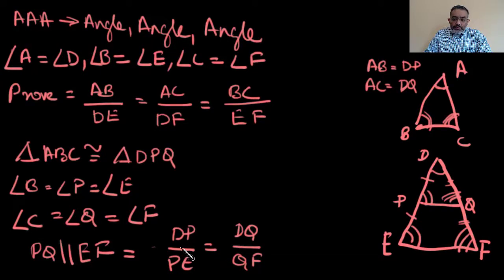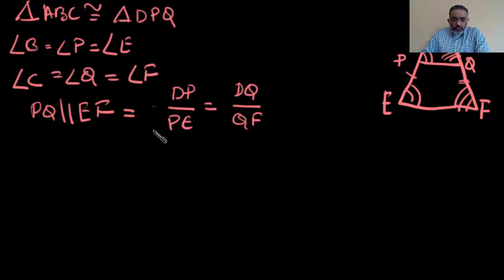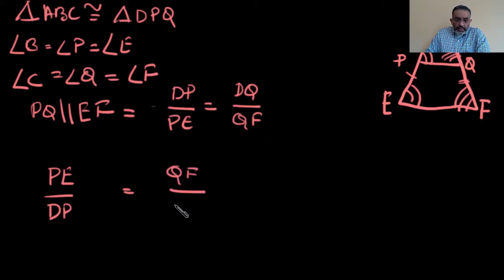We need to do a little bit of arithmetic to both sides of this equation by adjusting it with a 1 value. Let me show you. We are going to invert this equation on both sides. So we will say PE divided by DP is equal to, let's invert on this side as well, QF divided by DQ.